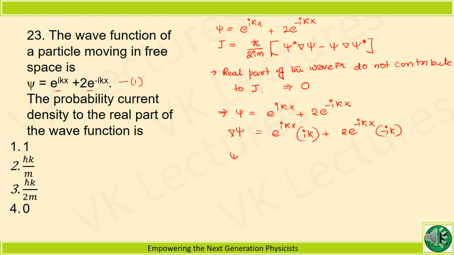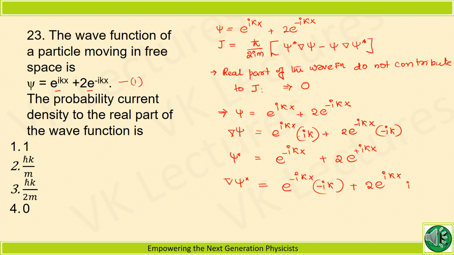Psi star, the complex conjugate of psi, is e to the power minus ikx plus 2 e to the power ikx. Del psi star is e to the power minus ikx times minus ik plus 2 e to the power ikx times ik.